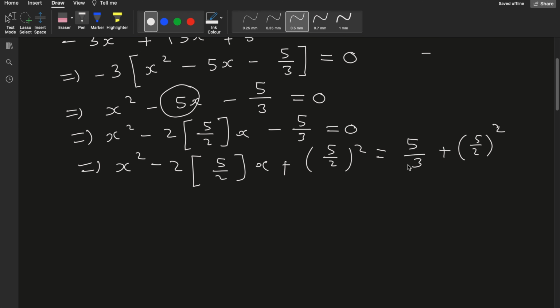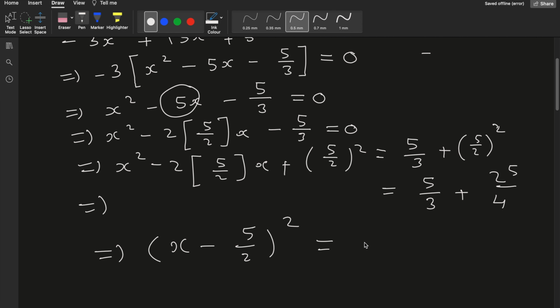The right side of the equation we can simplify to 5 divided by 3 plus 25 divided by 4, which implies that x minus 5 divided by 2 whole squared equals, I'll just use the calculator to find this out, 5 divided by 3 plus 25 divided by 4, that is 95 divided by 12.